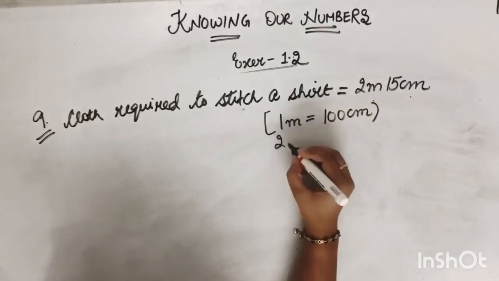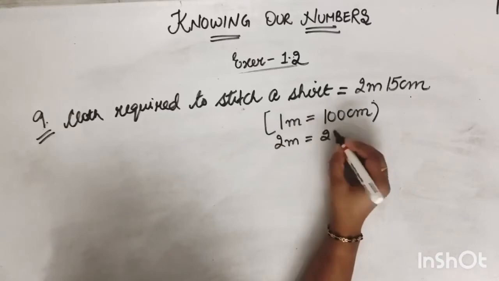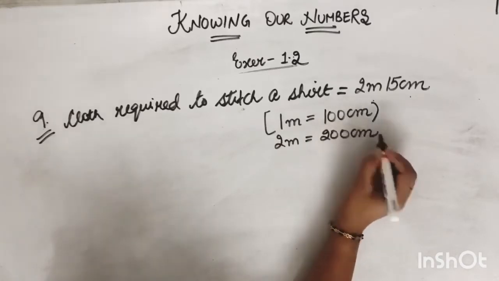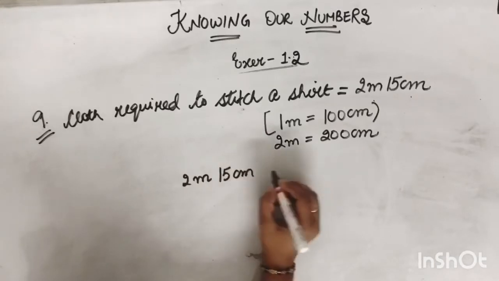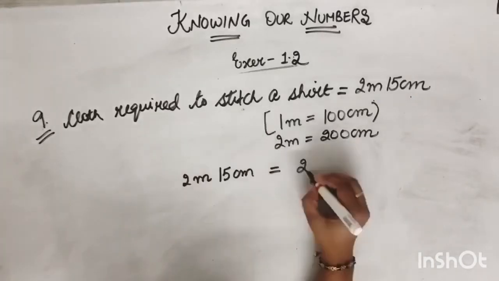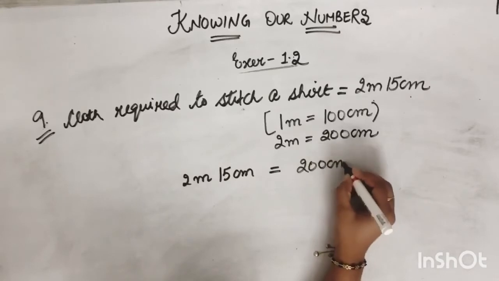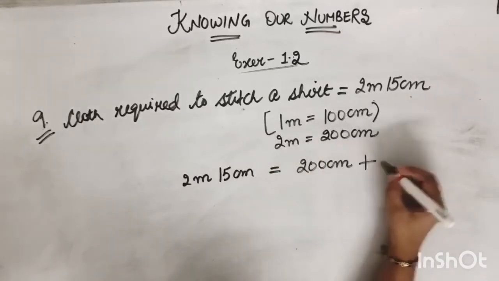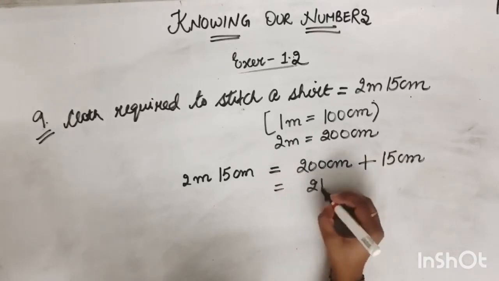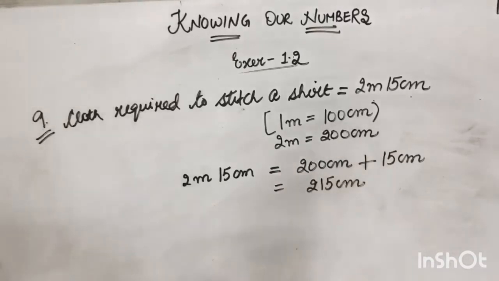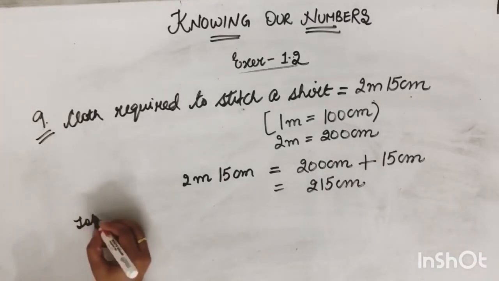So 2 meter will be equal to 200 centimeter. 2 meter 15 centimeter will be equal to 200 centimeter plus 15 centimeter, so it will be 215 centimeter.